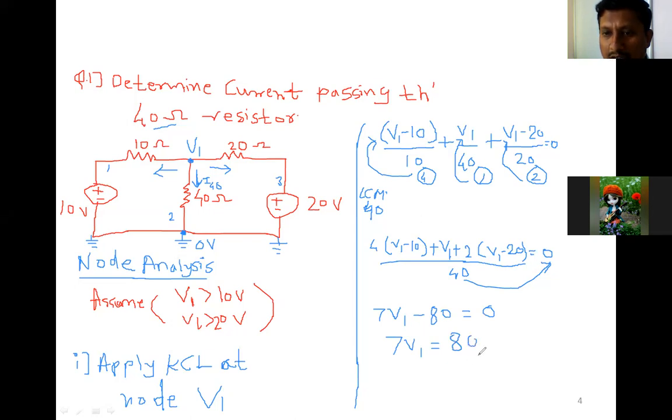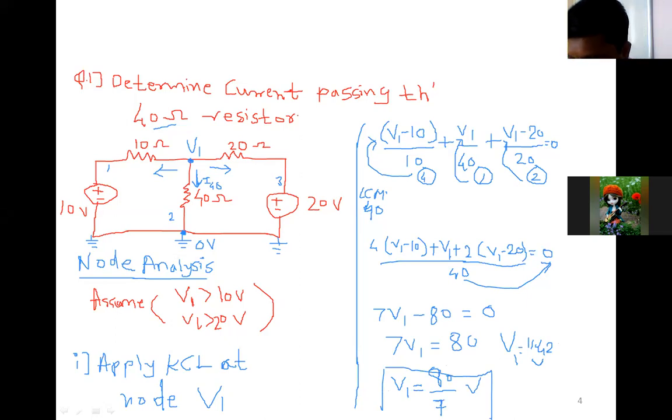So what is the value of V1 now? 11.42 volt, or you can keep V1 equal to 80 by 7 volt. I will keep it as it is, 80 by 7 volt.